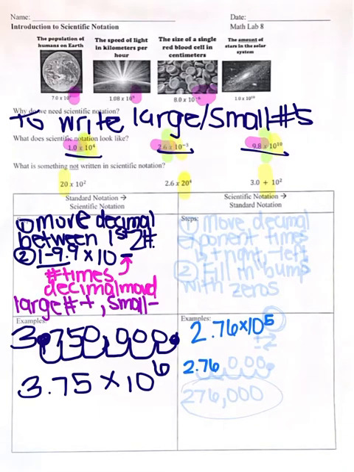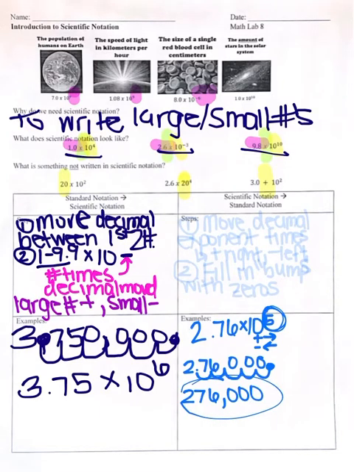This 5 here indicates how many times we're moving the decimal. If it's positive, we're going to go to the right. If it's negative, we're going to go to the left. So since it's positive, we're going to move it right 2, 3, 4, 5 times. And with those empty bumps, we're going to fill in zeros. So 2.76 times 10 to the fifth power is really 276,000.